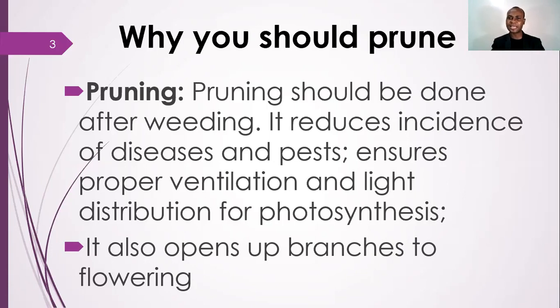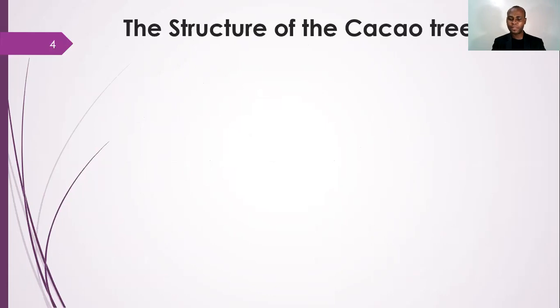So take note of this: when pruning is done and ventilation is good on the farm, there is a trigger of flower formation, and that is why pruning is very important.